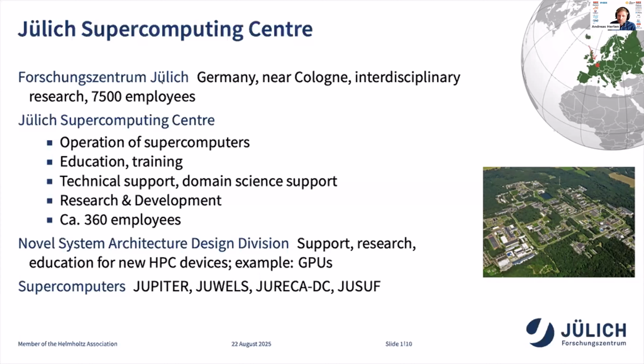Jupiter, Joules, or Eureka are the names, and we are quite proud of the Jupiter system, which I'm going to tell you a little bit about right now. On the lower right side, you see a bird's eye view of our campus. It's in the middle of a green forest area, quite nice.